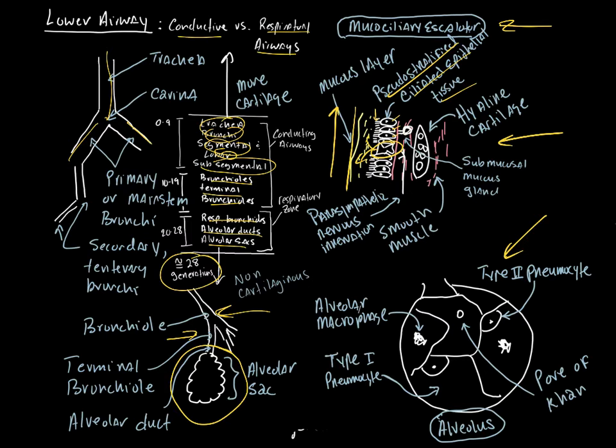We said we had the type 1 pneumocytes where the gas exchange occurs. It's one layer, what we call simple squamous. Squamous is flat, so it's simple. Simple is one layer. Squamous is flat. We call that simple squamous epithelial tissue where gas exchange occurs.